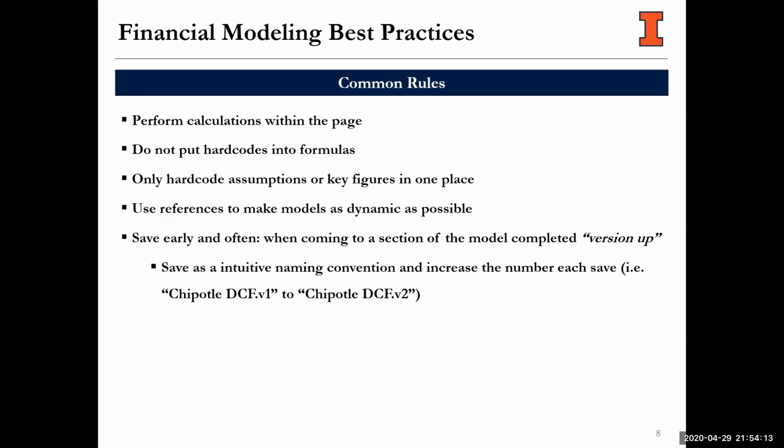Use references to make models as dynamic as possible, right? So you always want to reference your assumptions in a formula. You don't want to use the hard codes because if you need to change one number in an Excel model, you may not know what is being calculated based off that number. But if you're referencing the number, for example, if I was doing my common example of 1 plus 1, if I wanted to see what 2 plus 1 is, all I would have to do is change it from 1 to 2.